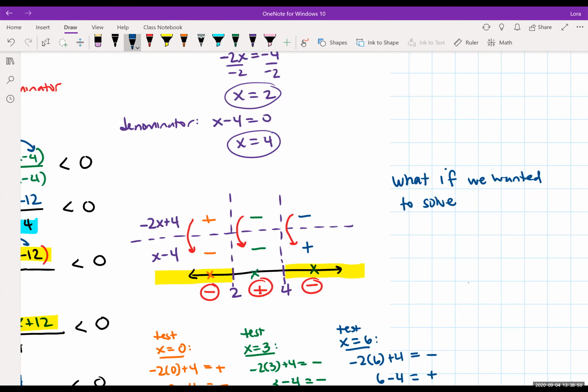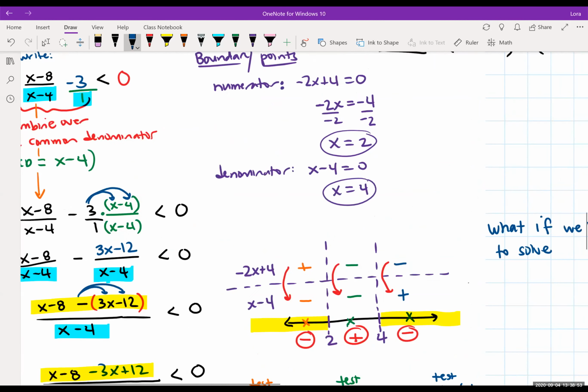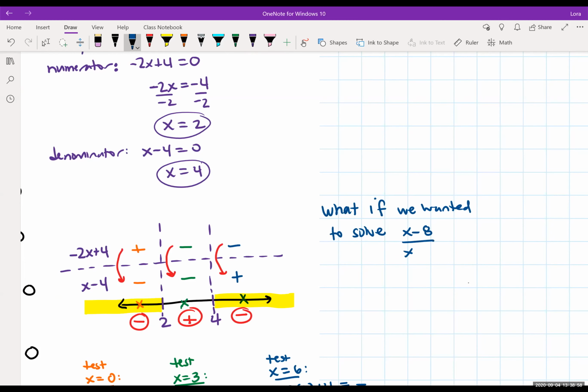So the question is, what if we wanted to solve, and we'll look at the original inequality one more time. It was x minus 8 over x minus 4. But what if we wanted to solve where it was greater than 3? Well, we've already taken the time to rewrite the inequality compared to 0. So the work is still the same.